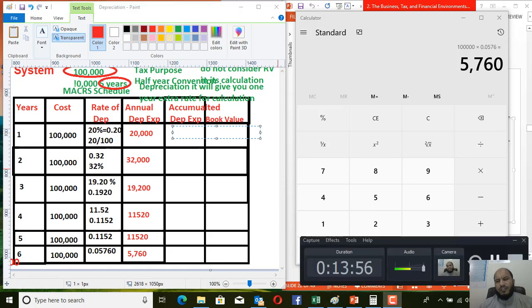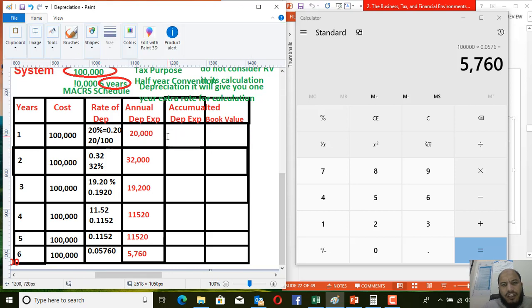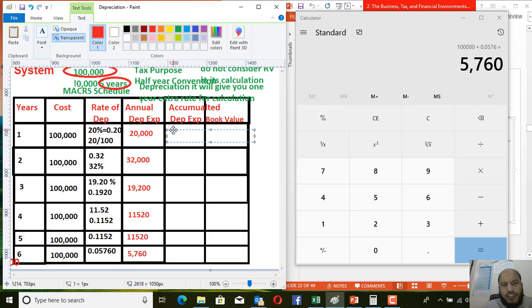Okay dear students, now we will calculate the accumulated depreciation expenses. For year 1 we have the same amount, because we do not have any previous year to add, so the accumulated depreciation is 20,000.